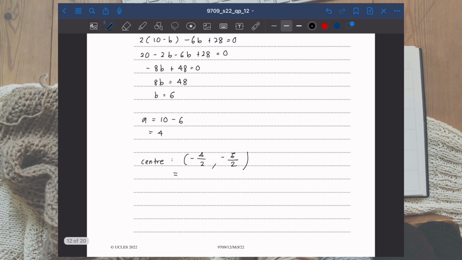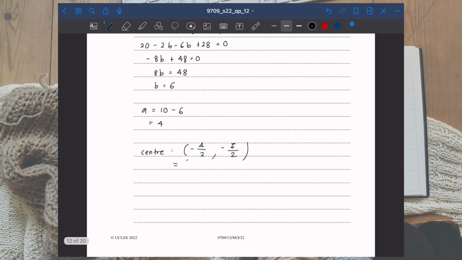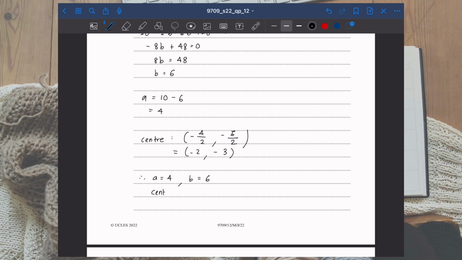So our coordinates of the center will be (-2, -3). So our A is 4, our B is 6, and our center will be (-2, -3). So that's your answer for part A.